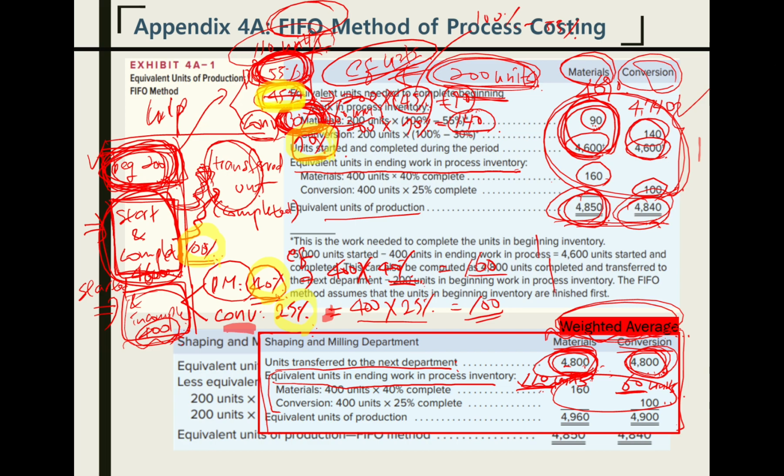We exclude these under the FIFO method when we are calculating the equivalent units. However, under the weighted average method, we include these completed portion of the beginning inventory when we are calculating the equivalent units. Okay.